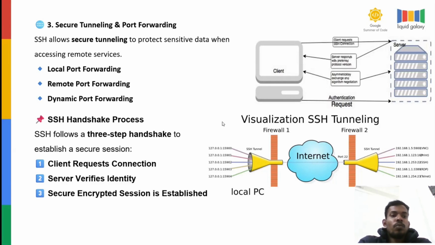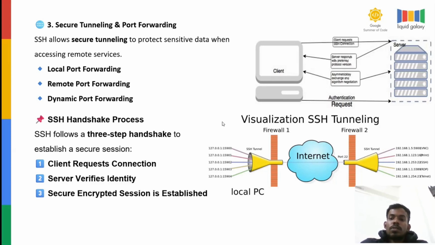Each of the port forwarding methods has its own benefits. Local port forwarding lets you access a remote service from your computer. On the other hand, remote port forwarding allows other users to reach a service on your local machine or a local computer.